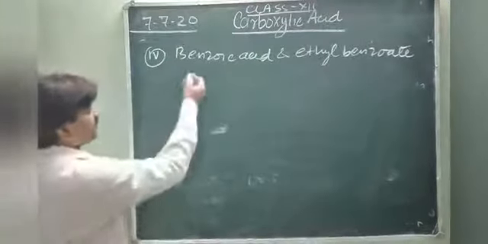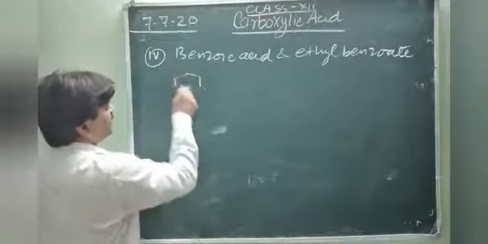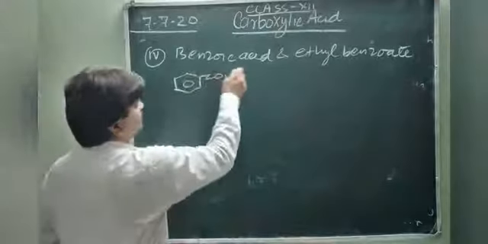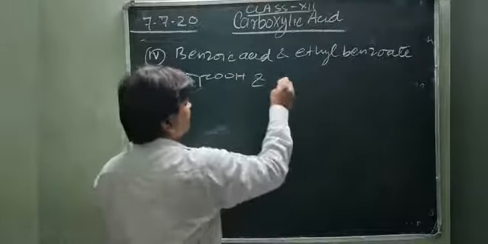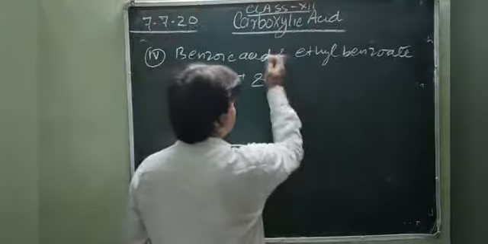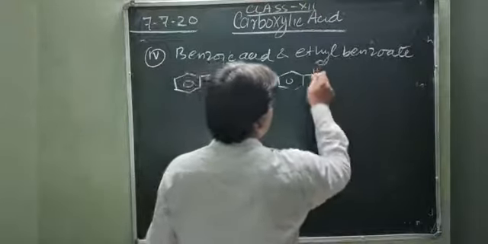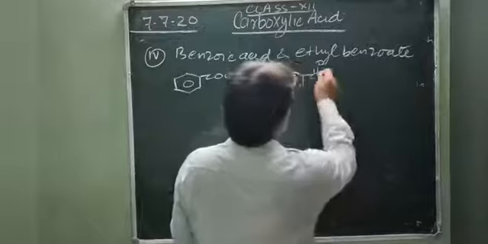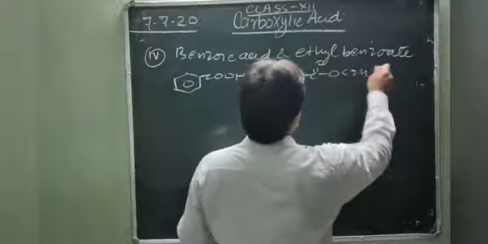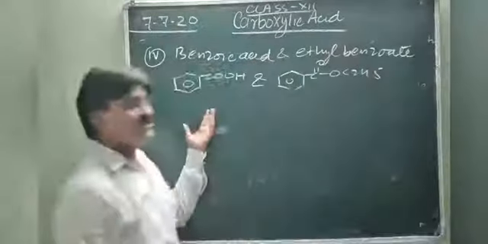So benzoic acid, you know, is C6H5COOH, and ethyl benzoate is C6H5COOC2H5. Acid, you know, gives the sodium bicarbonate test.